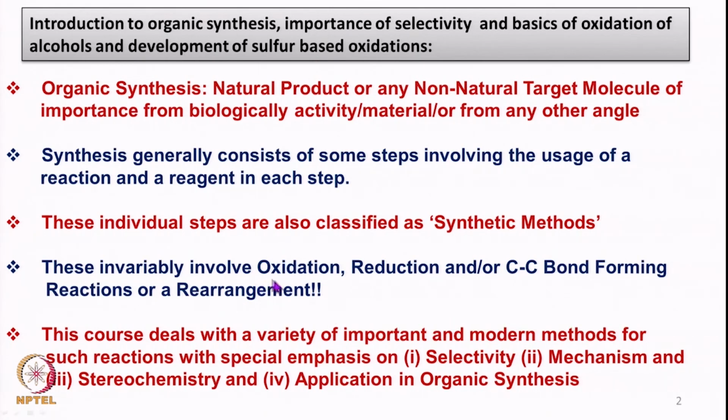Each step can involve an oxidation, reduction and or CC bond forming reaction, or also a rearrangement. The rearrangement can involve acid, base or light or heat, or even a reagent.